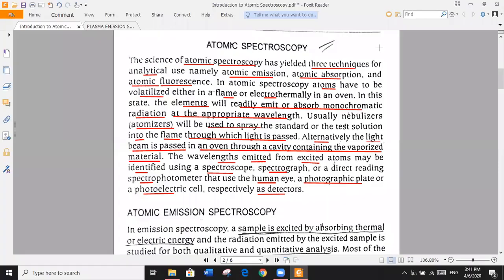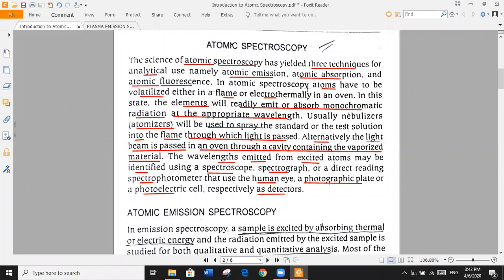Today I am giving a lecture on atomic spectroscopy. The science of atomic spectroscopy has yielded three technologies for analytical use, namely atomic emission, atomic absorption, and atomic fluorescence.